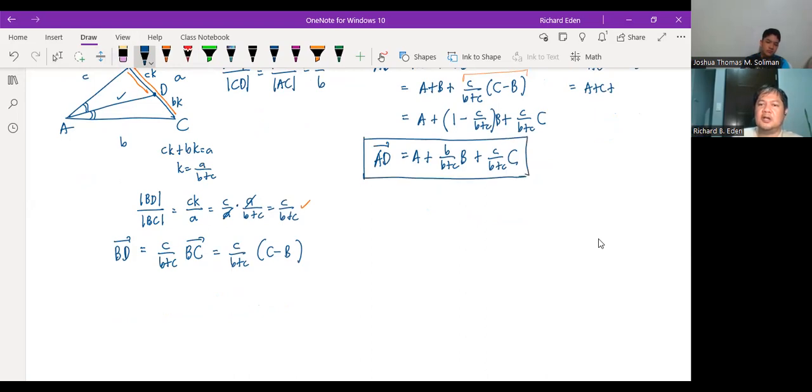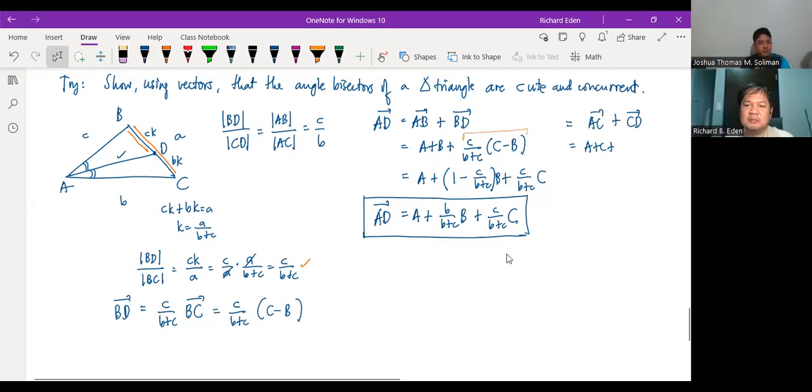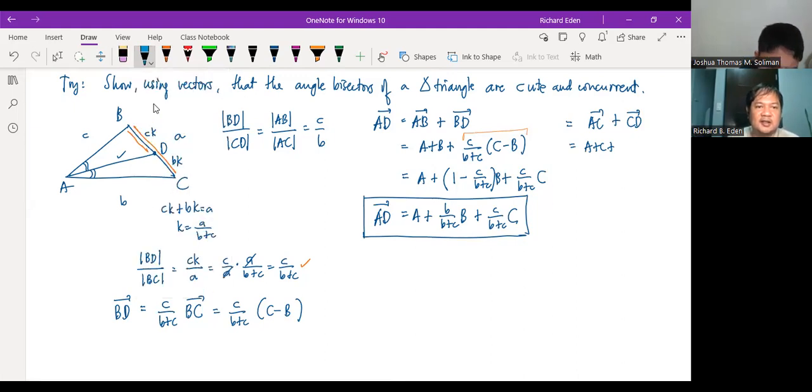So now, without going through the same level of detail, you should now be able to write down an expression for, let's say, dun naman sa kabila from C, let's say the angle bisector is, let's say, those two are the same and this is F. So now you should be able to write something down for CF.